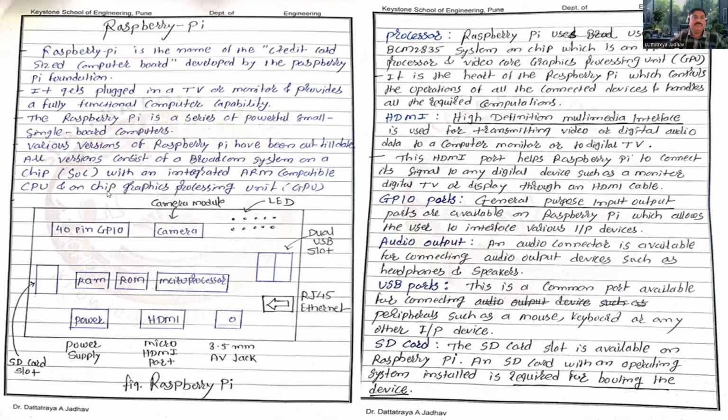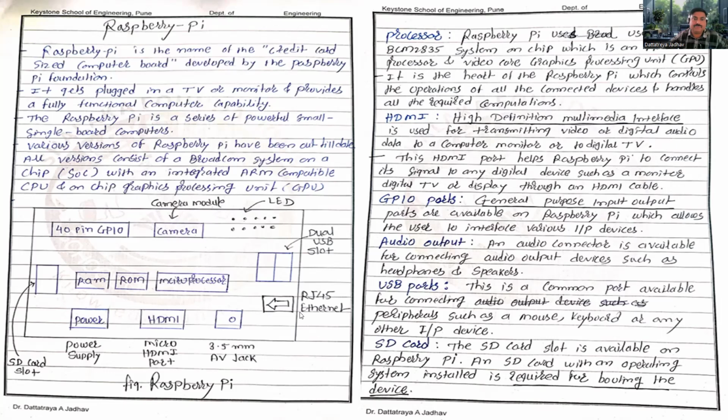So this board, a simple credit card-like structure, has a number of components within it. It looks like a smart device. It includes a Broadcom system on a chip with an integrated ARM processor and then a graphical processing unit. All are included in that one.